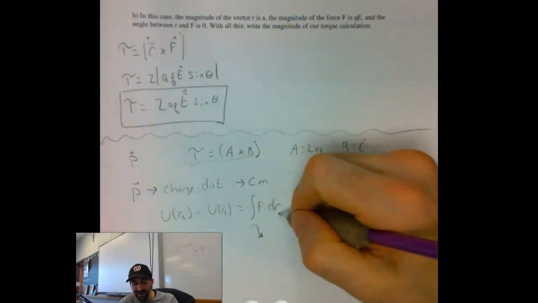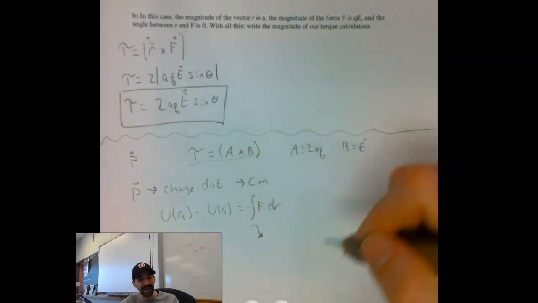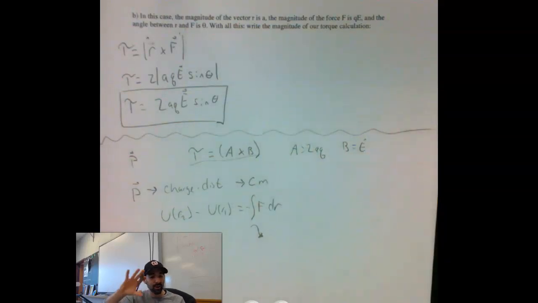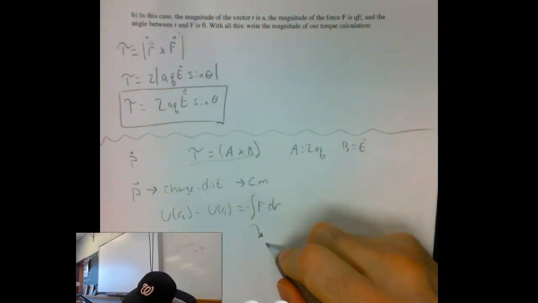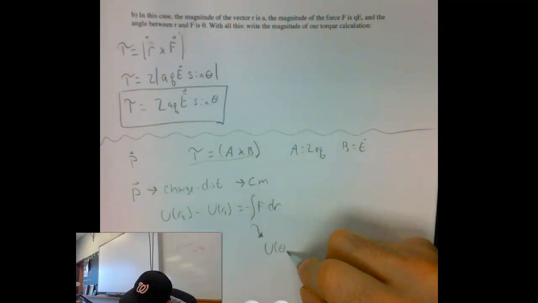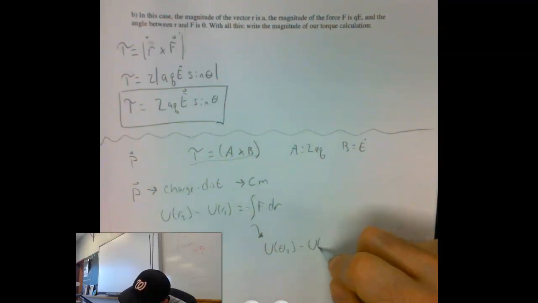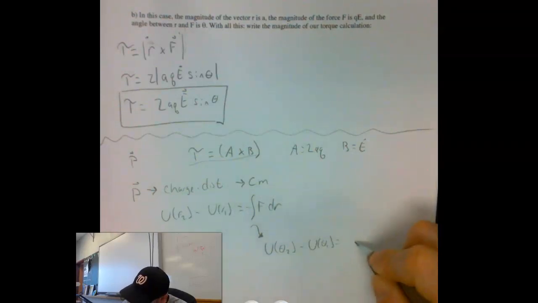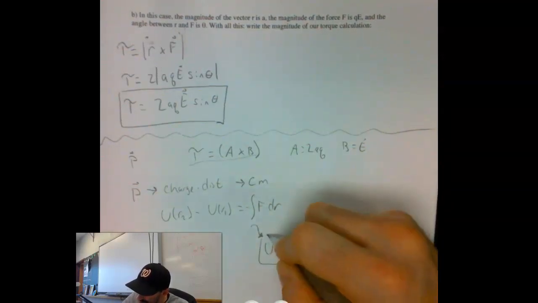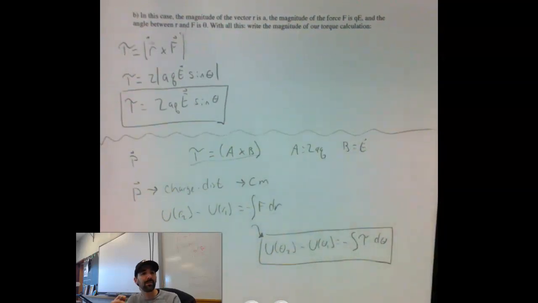So I don't have a linear force that I'm using. I have a twisty or rotational force, which means it's going to take energy due to some external force. That external force is caused by that external field to rotate that object.